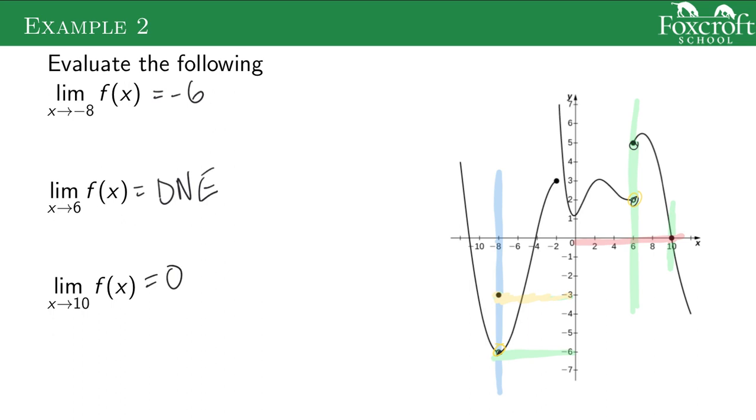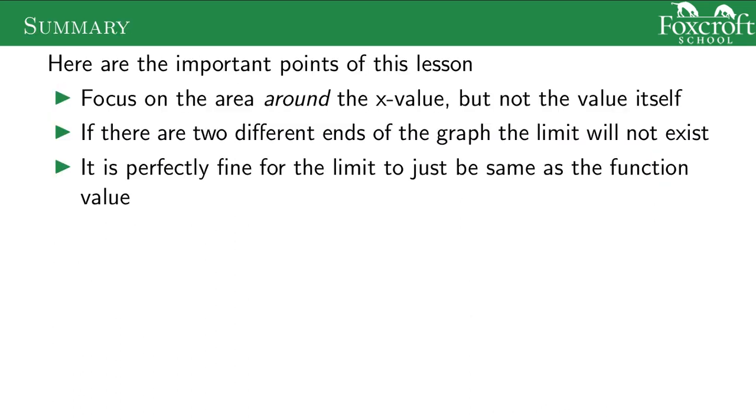But limits can be nice too. When you just have a single dot and there's nothing weird happening on your graph, your limit's just whatever you would expect it to be. So here I expect my function at 10 to be 0. The limit's also going to be 0. It's fine if nothing's weird happening. You don't have an open circle or a jump or anything like that. You can also just have a nice limit where it's exactly what you would expect.